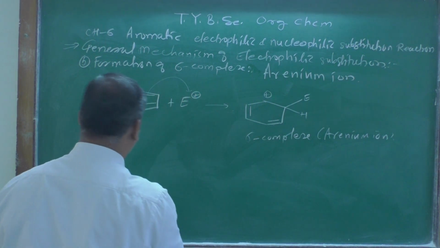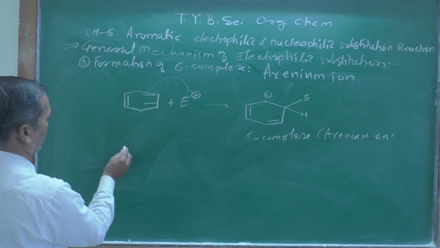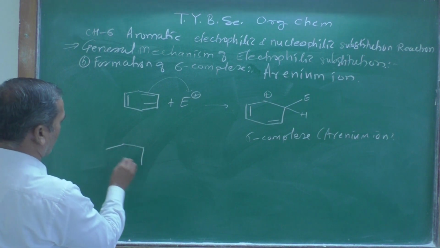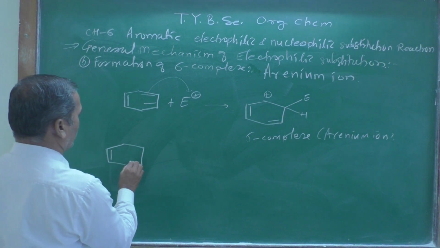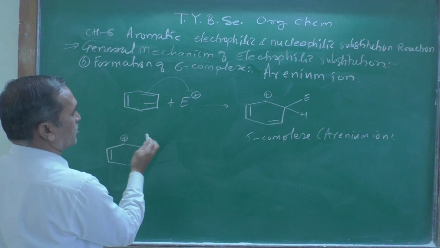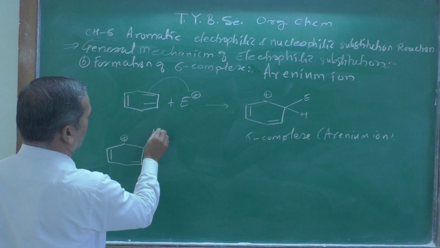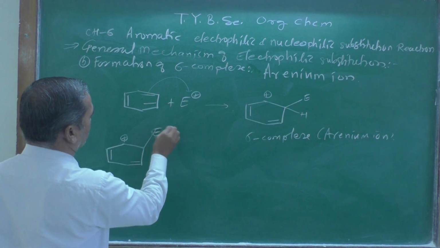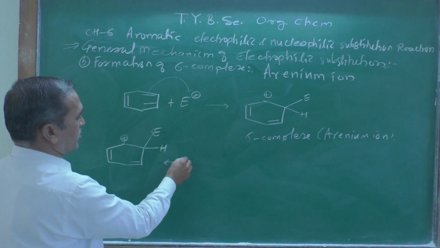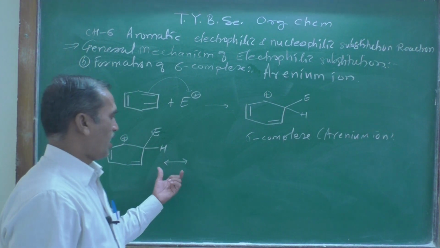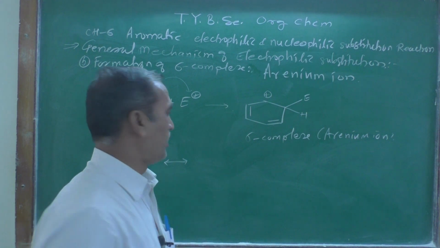How is it stabilized? Let us see. Even though it is non-aromatic in nature, it is stabilized due to resonance. Here I am writing the hydrogen atom. Resonance is shown by the double-headed arrow.